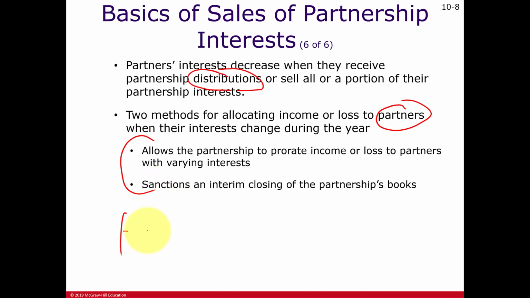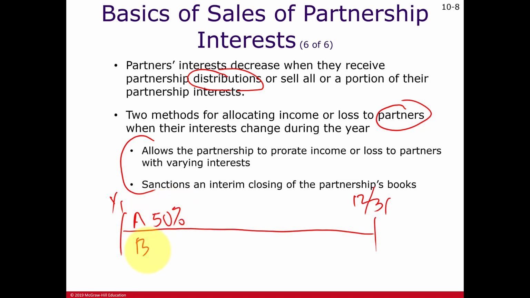So let's say this is the year from January 1st through December 31st. And to keep things simple, we have two partners. We start off with partner A owning, let's say, 50% interest, and partner B has a 50% interest.